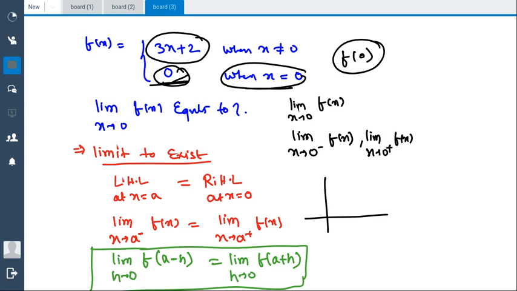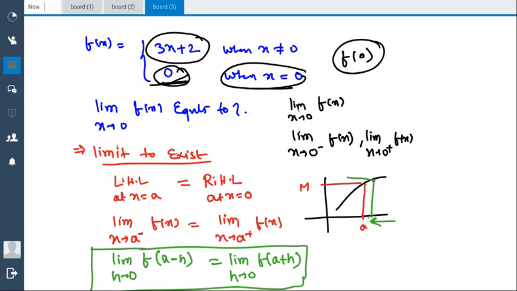Basically what happens is that suppose this is a graph of f(x). So at x is equal to a, there is some value. So basically what they are asking is, what if you are approaching x from this side?